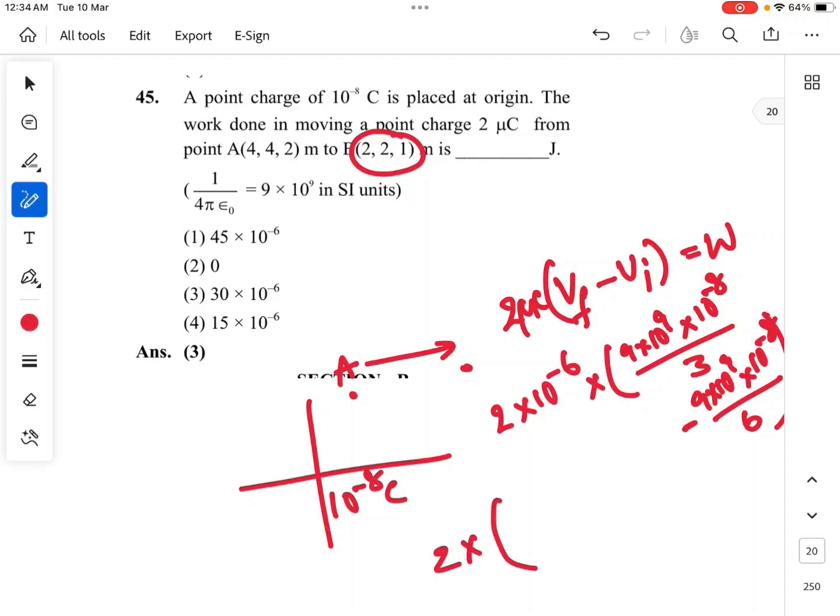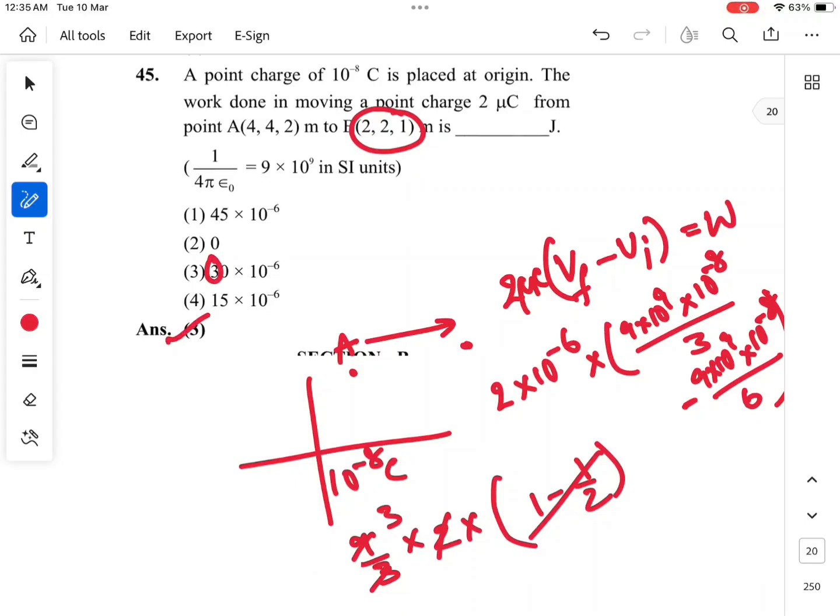So 2 into, inside the brackets, 9 by 3 you can take common. Inside the brackets, don't worry about the order. It is just 1 minus 1 by 2. So that is half. That will be gone with this. And then this is 3. So the number should be 3. That is answer 3. Okay.